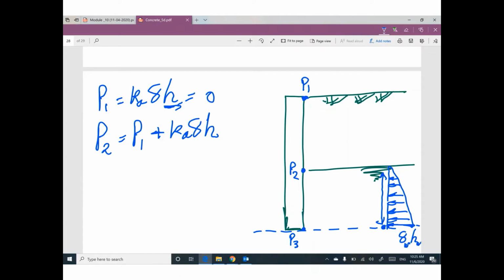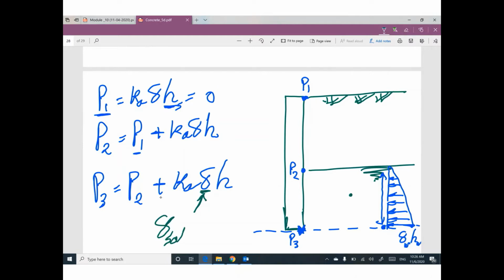You have the value for P1, you have to put it here. P3, pressure at point 3, equals what? Previous point P2 plus K active gamma H. Please be careful. If you are talking about soil inside water, this gamma will be gamma saturated for this soil minus gamma water.